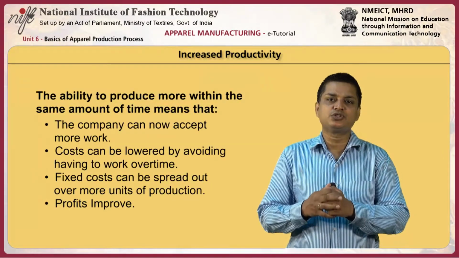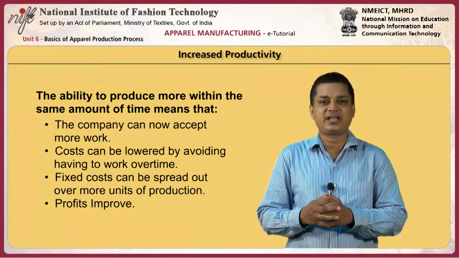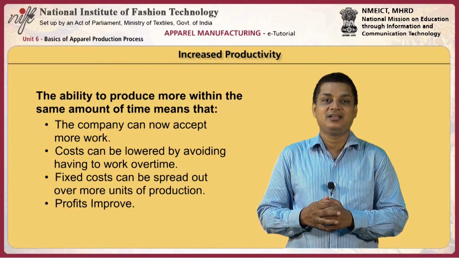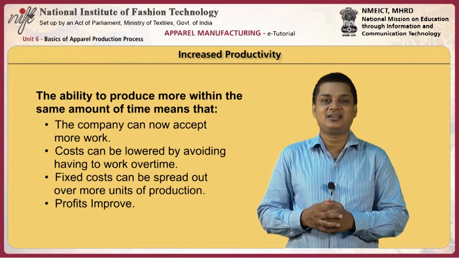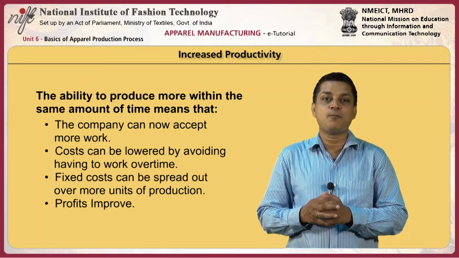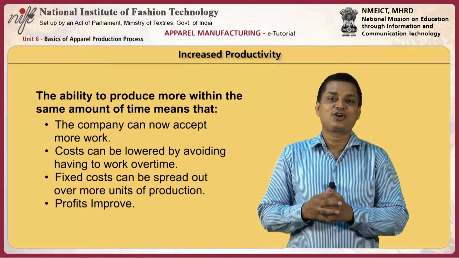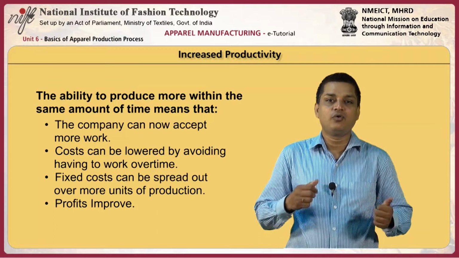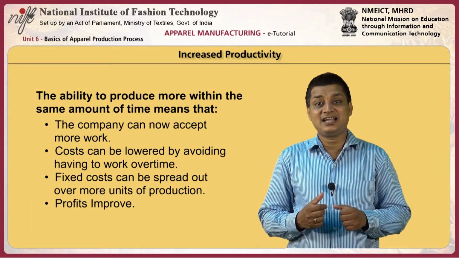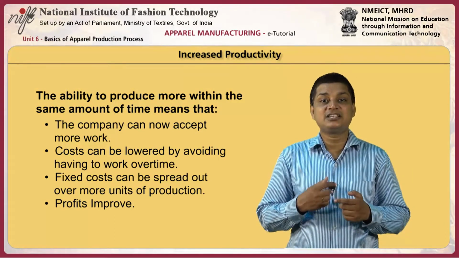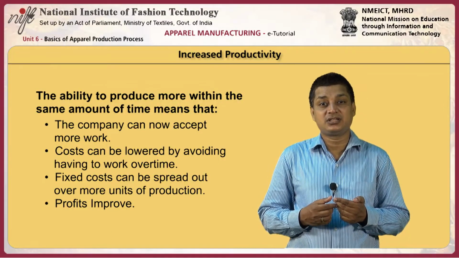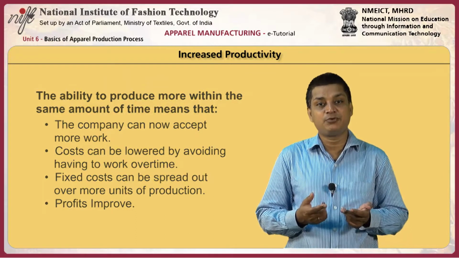The ability to produce more within the same amount of time is a company's insurance for survival. This ability means that the company can now accept more work. It means that cost can be lowered by avoiding having to work overtime. It means that fixed costs can be spread out over more units of production. It means that profits improve.